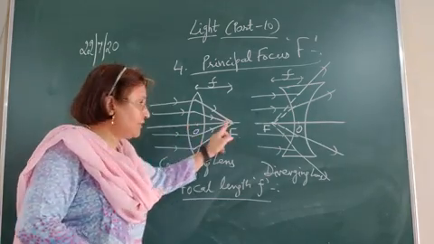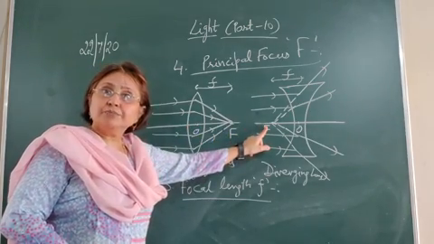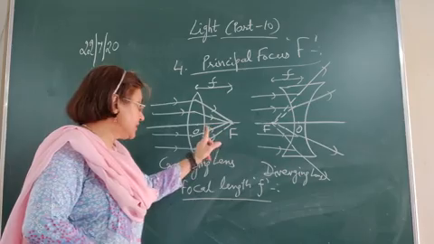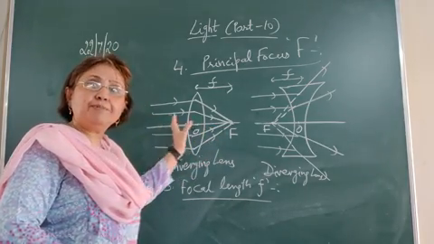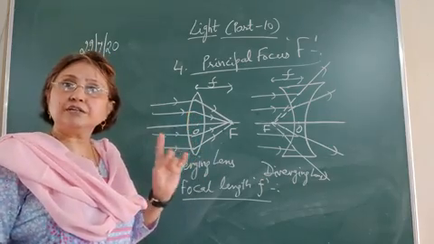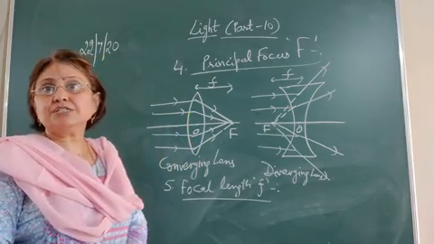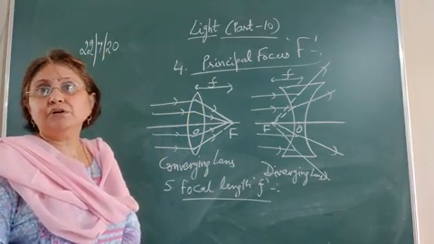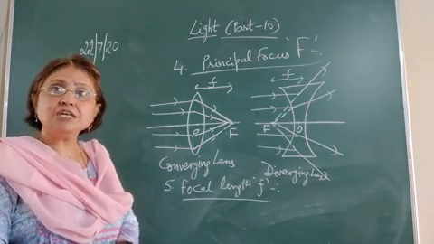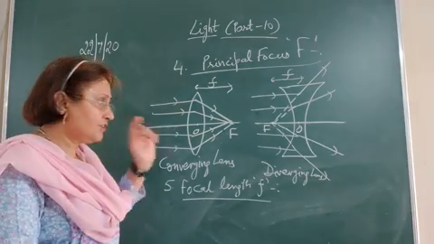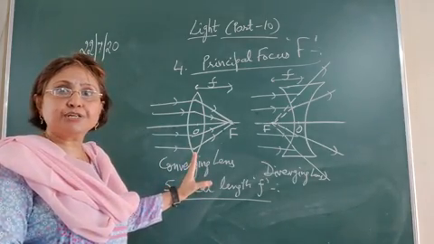The center of curvature of the first surface may be far away, whereas the center of curvature of the second may be closer to the optical center. So this equation is not valid over here. What we used for the mirrors, focal length half of the radius of curvature, here we cannot use it.